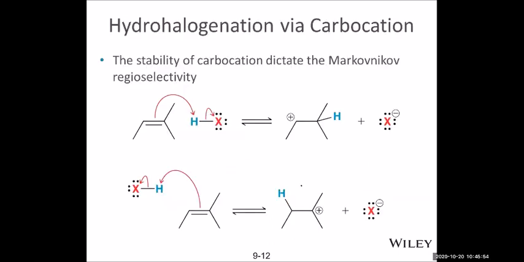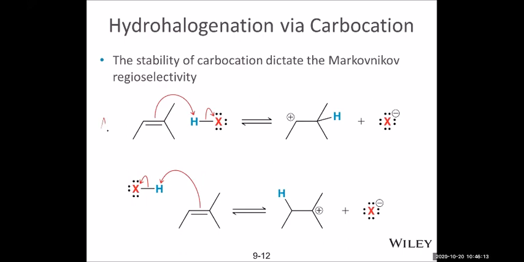And so basically the main product can be explained by the stability of the carbocation. That shows you why. Basically these are two scenarios with the same asymmetrical alkene reacting with hydrohalides.